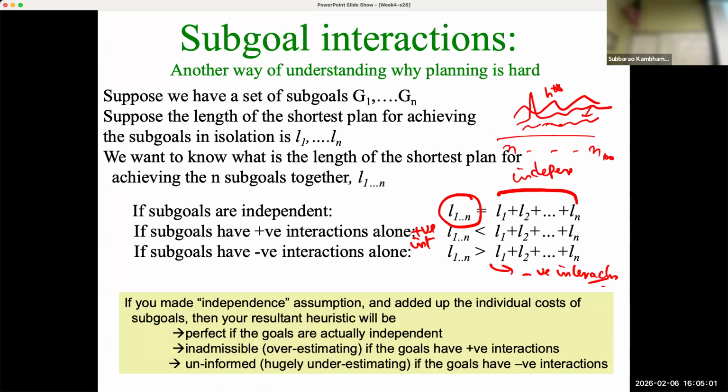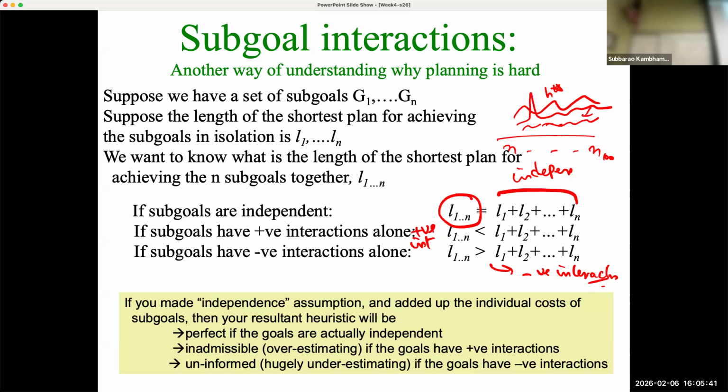Now, what makes planning hard? This should not be surprising because I kind of hinted at it before. What makes planning hard in general is sub-goal interaction. By now, you know that in classical planning, the goals are given as G1, G2, Gn to be satisfied. The best possibility is that for every G1, there is a plan, and any arbitrary plan for G1 can be combined with any arbitrary plan for G2, and with any arbitrary plan for G3, at which point it will be a plan for all of G1, G2, Gn.